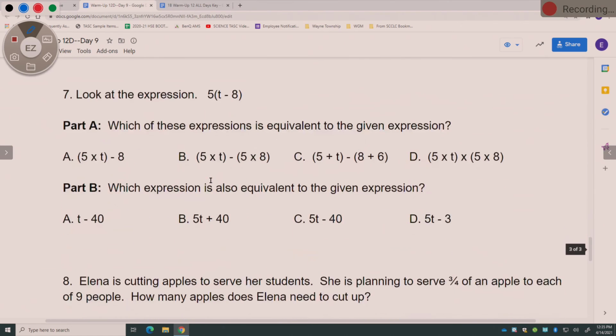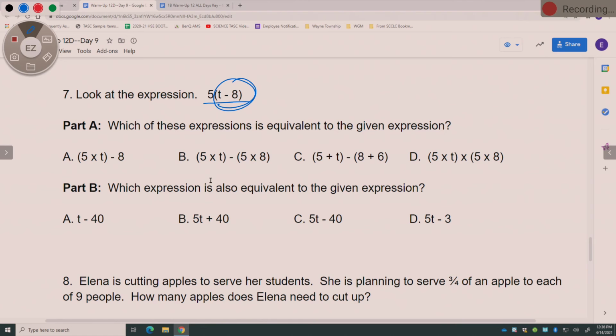Number 7. We have an expression, 5 times the quantity of t minus 8. And we talked about with distributive property, if you look inside this parentheses and there's some kind of math happening, here we see t minus 8.